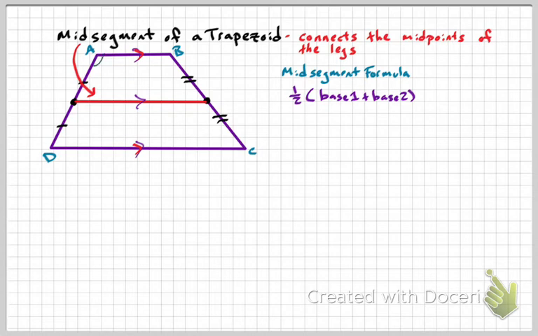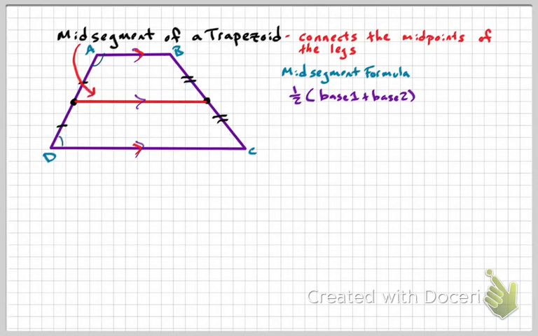So angle A and angle D are still supplementary because they're consecutive interior, but what's also true now is this angle is congruent to angle D, and this angle down here is congruent to angle A. Okay, and that is because they are corresponding angle pairs. And you have the same thing on the other side, where angle B would be congruent to this angle, and then this angle would be congruent to this one down here.